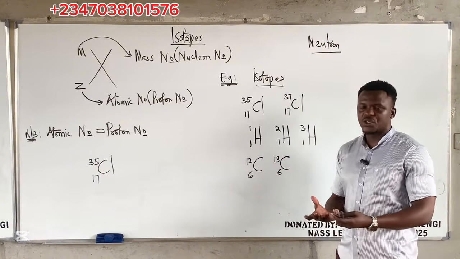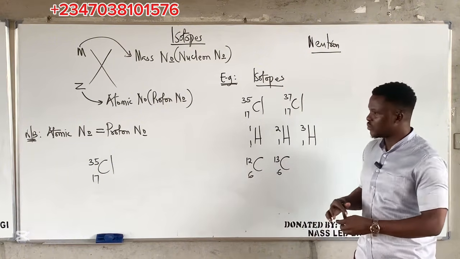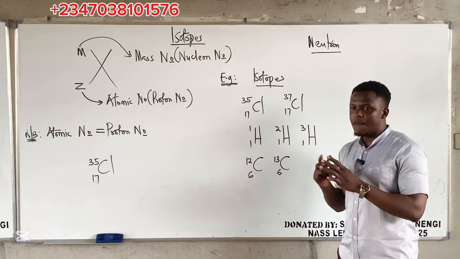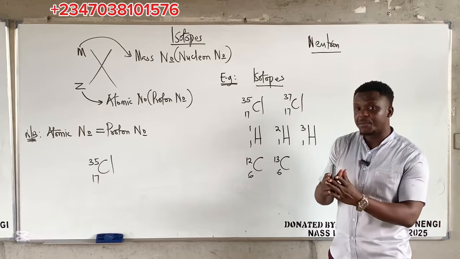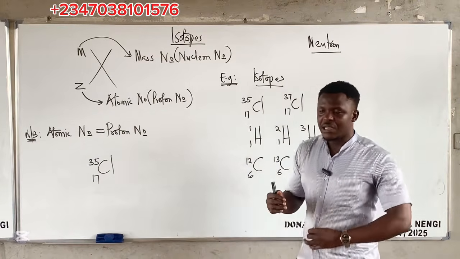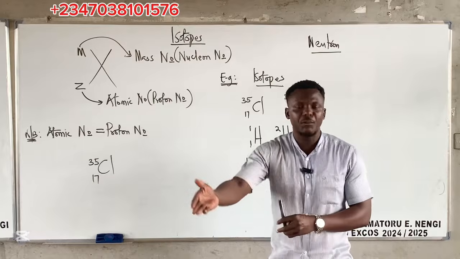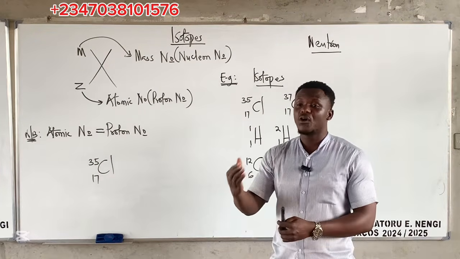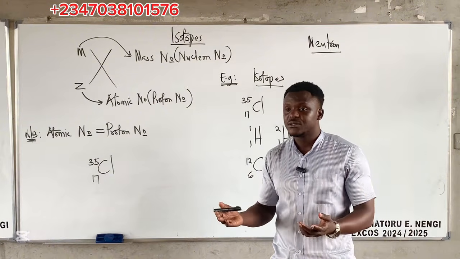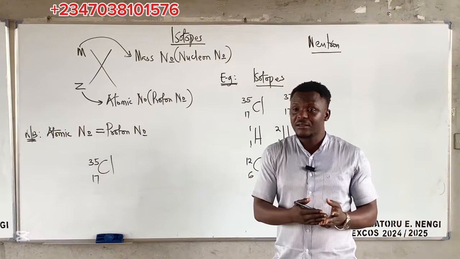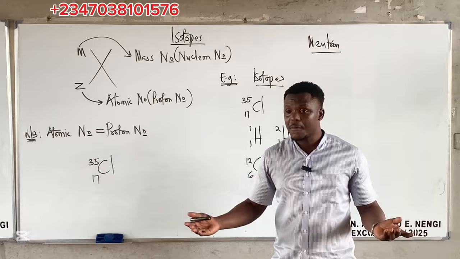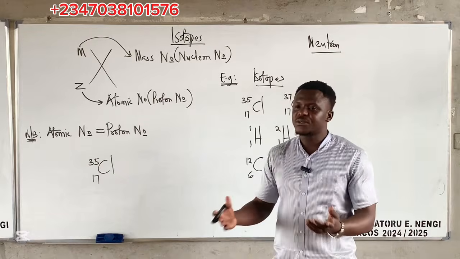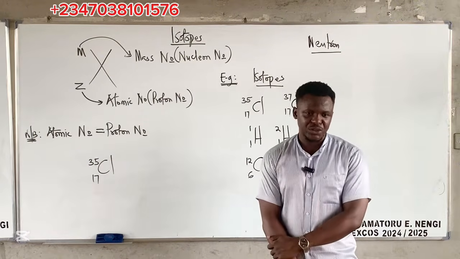So one of the ways a question can be asked, please don't mix up isotopes, isotopy and allotropy. Now isotopy is a phenomenon whereby two atoms with same atomic number have different what? Mass number. But isotopes is basically the examples in question.